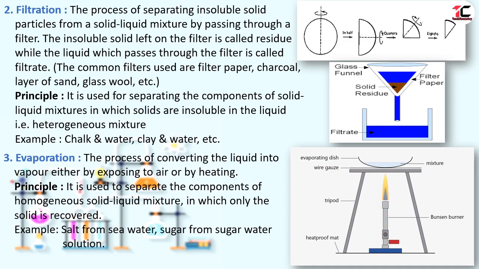On heating, the water will be evaporated and the solid particles, either salt or sugar, will be left. By this method we separate salt or sugar from their solution. This process of evaporation is very common in our daily life. Our wet cloth dries up by this process. Let us move to the next method.